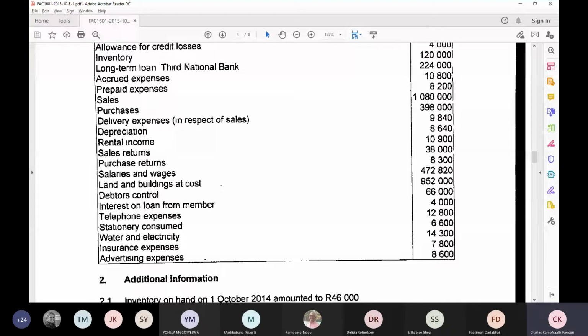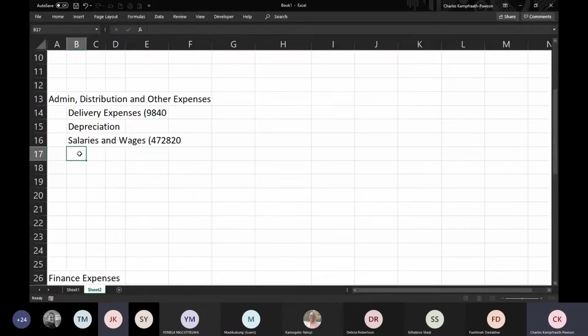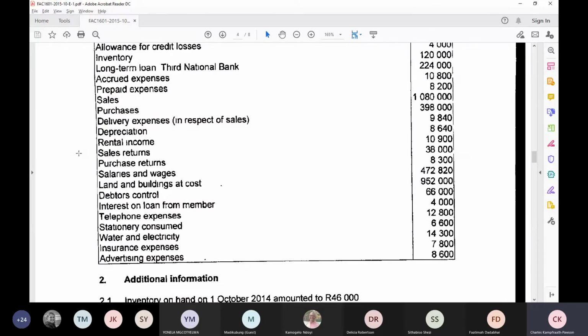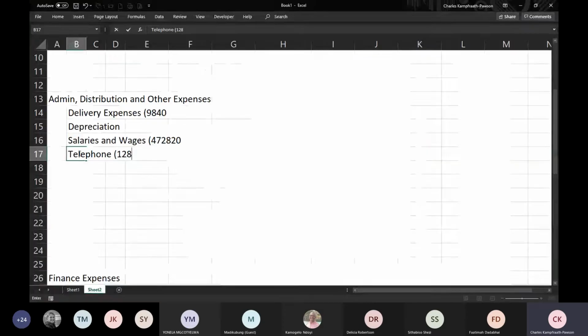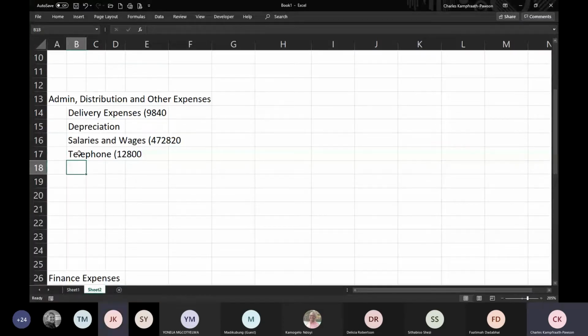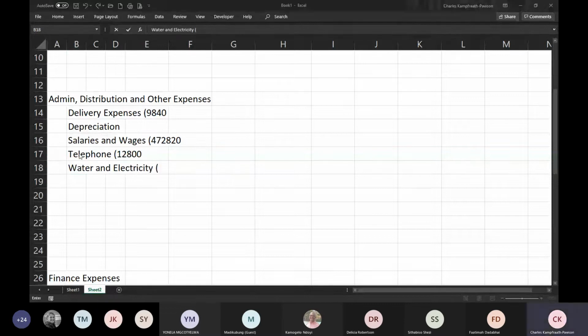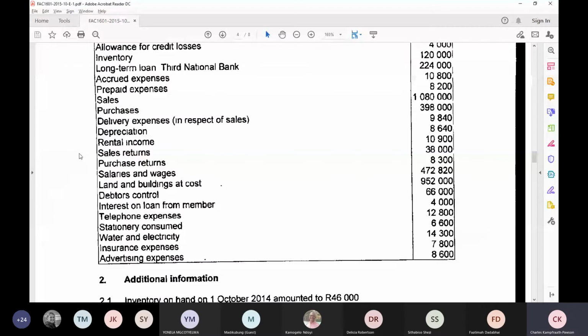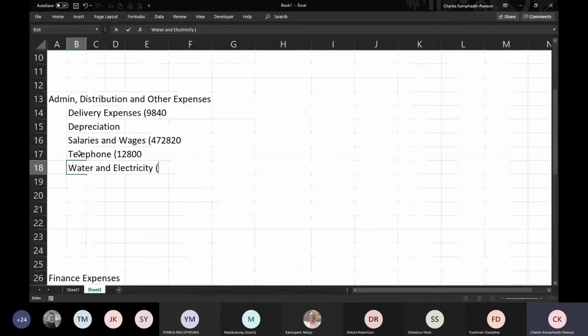Okay. So then we have the other four items: telephone expense, stationery, water and electricity. So let's go put that in. Telephone, 12,800. Water and electricity, 14,300.